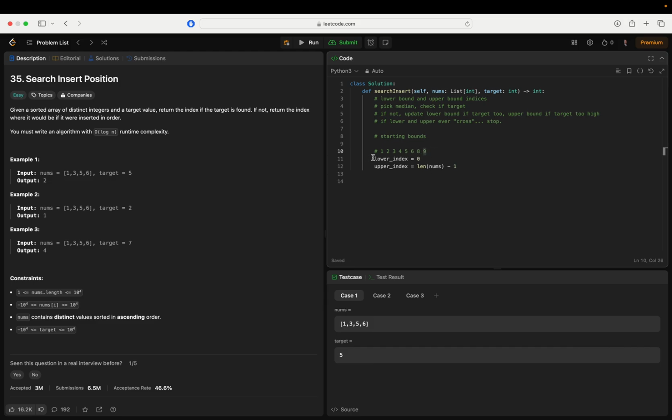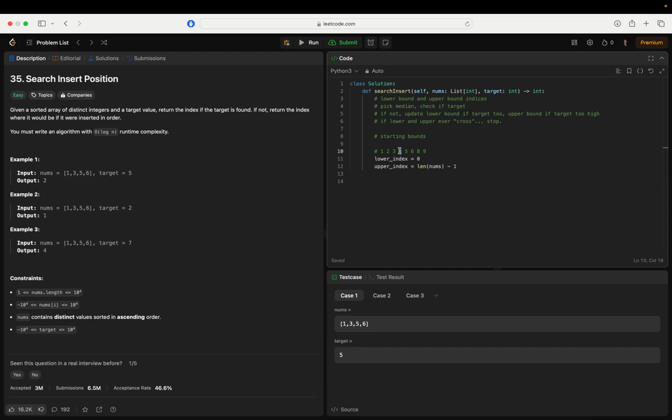We start with the lower bound at 1 and the upper bound at 9, or at least the indices of where those are. We find the middle index between those two bounds. We would probably use floor division just to pick one or the other. We get either 4 or 5. Let's say we use floor division, so it chops down to 4.